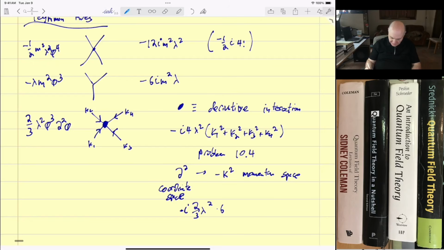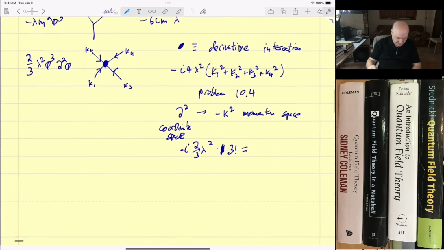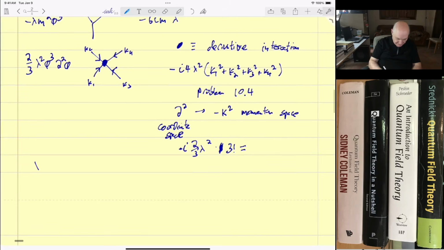Then we multiply by the I. And then we have 2/3 lambda squared. And then 3 factorial for the fields. So it's 6 times 2/3, which is 4. So we get minus 4i lambda squared.